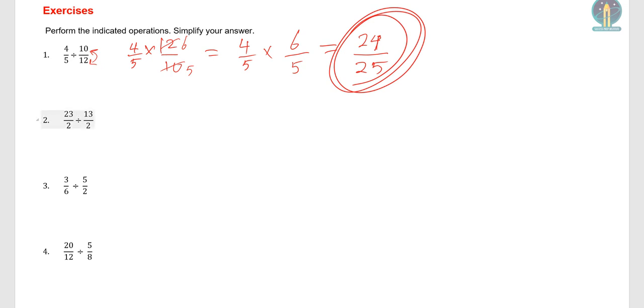23 over 2 divided by 13 over 2. So we flip the divisor again, so we have 23 over 2 times 2 over 13. And remember what I told you in the previous video for multiplication: when you see something like this, you can cancel these out together and you get 1 and 1. Only for multiplication, remember.